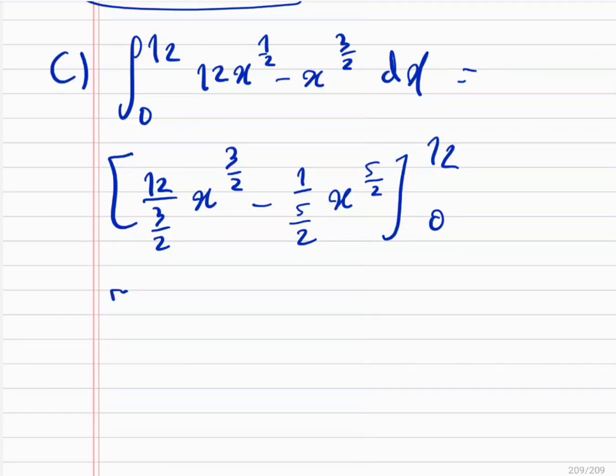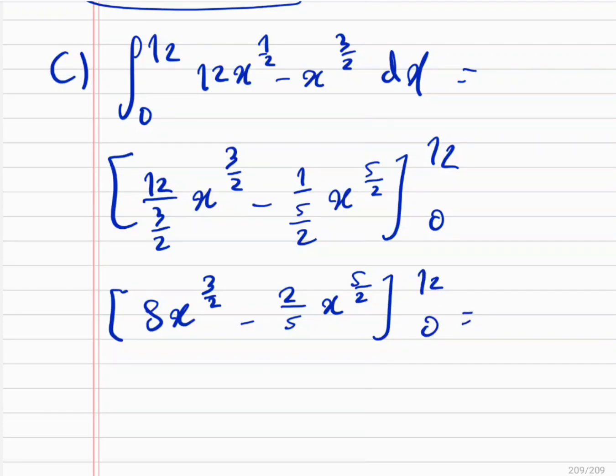We get 8x to the power of 3 over 2 minus 2 over 5 x to the power of 5 over 2, and then we can substitute the limits. We first substitute 12 and then minus 0 substituted, because when we substitute 0 for the second part, that's just equal to 0. To three significant figures, this is equal to 133.